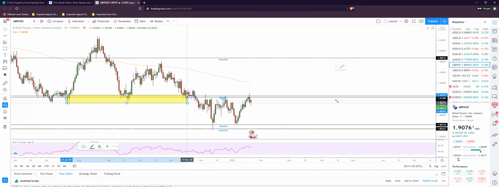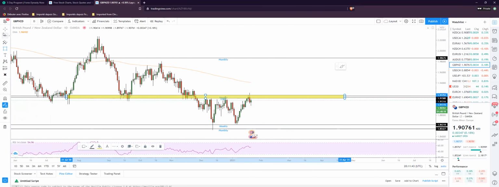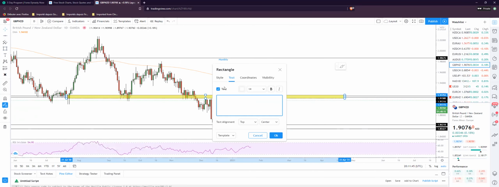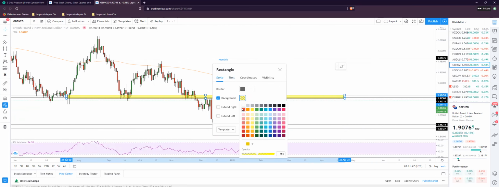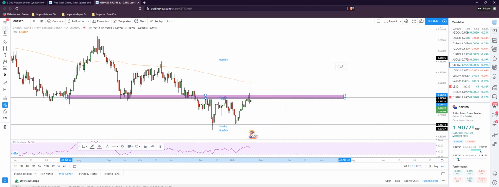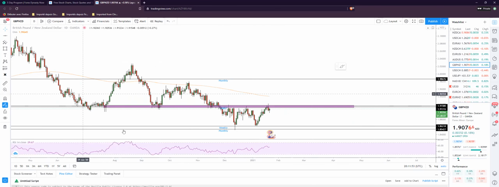And we can also see this. So right now we have a support, break the support, retest, and sell. Now it's a resistance. This is a support, retest, and sell.